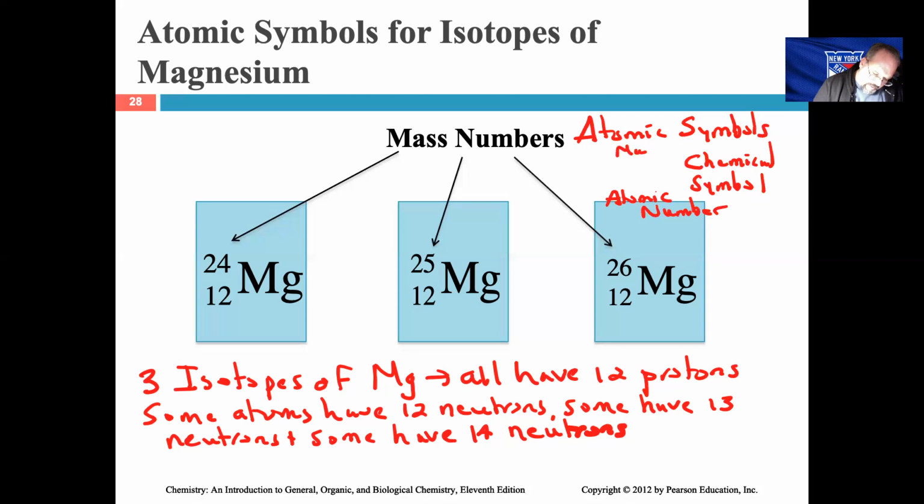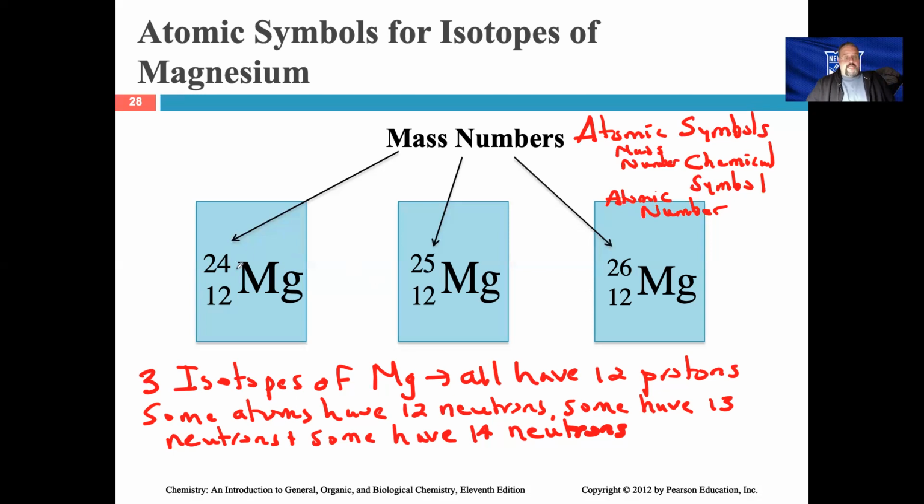And then in the upper left, we give the mass number. So the atomic symbols for the 3 isotopes of magnesium are given on this slide. Each of them has a chemical symbol of Mg. The atomic number for each of them would have to be the same, 12, because again, the only element that has an atomic number of 12 is magnesium.